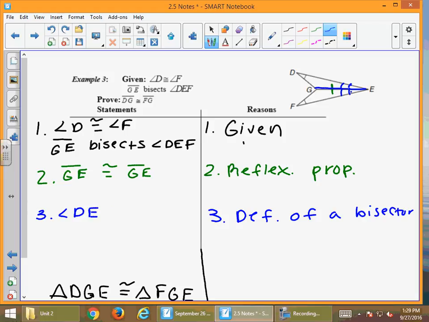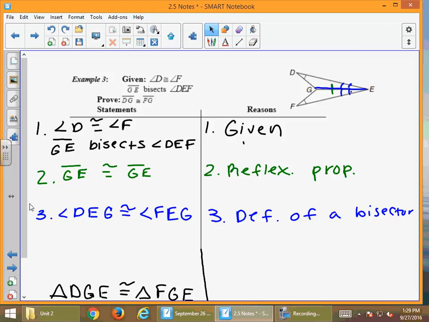Very important to mark your diagram. You won't be able to get the shortcut unless you do. You won't be able to see it very well. You have to mark it. How do we have to name that second angle? We want DEG, FEG. Follow that same pattern. Okay? So there's your 9th point by just knowing those shortcuts.